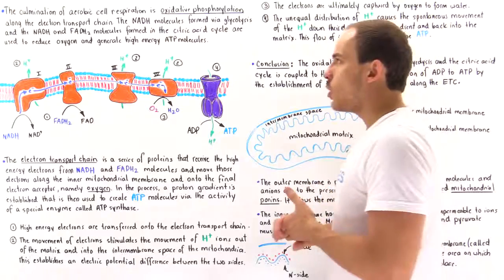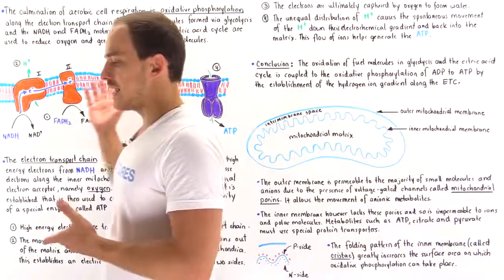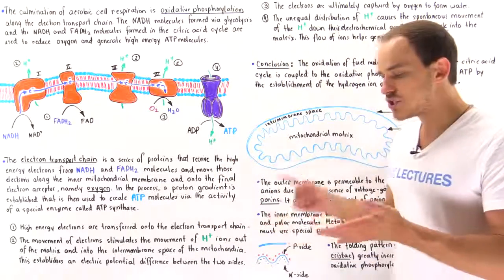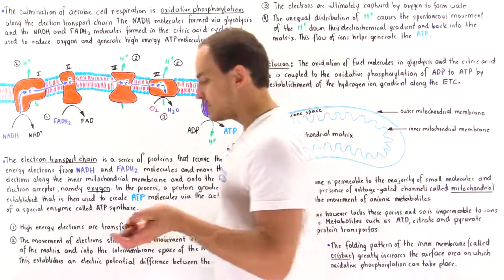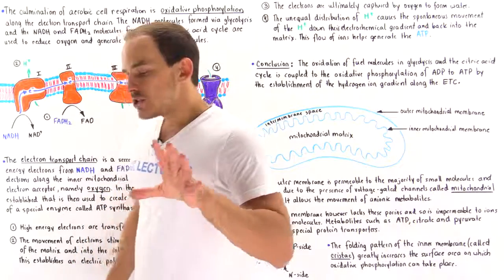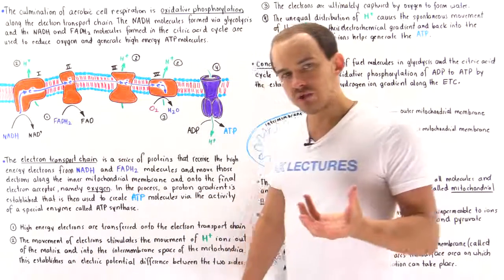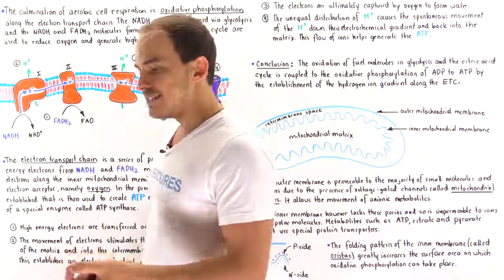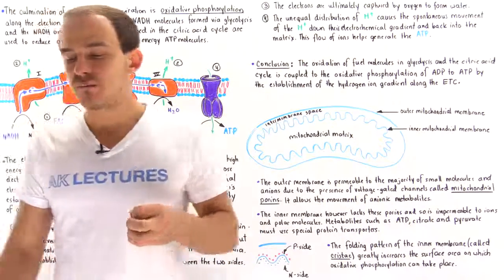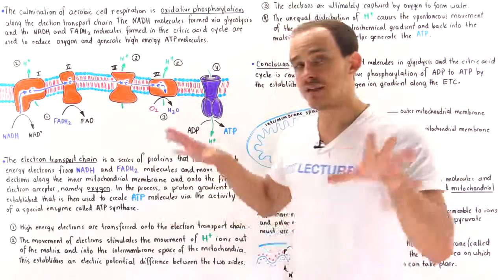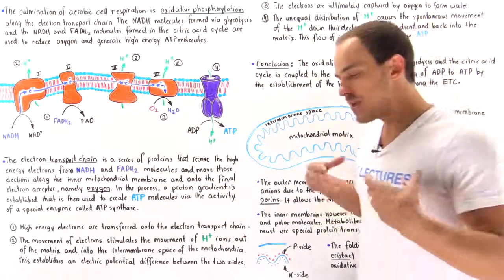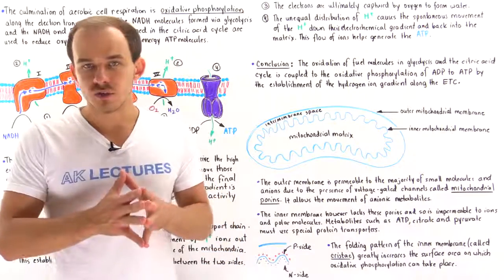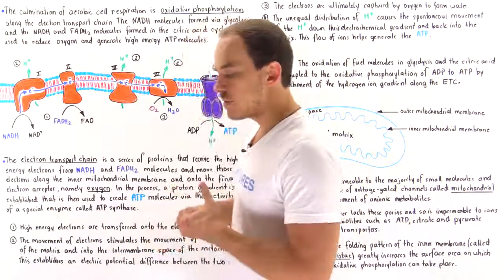But before we focus on the electron transport chain and oxidative phosphorylation, let's remember what happened in glycolysis, pyruvate decarboxylation, and the citric acid cycle. In glycolysis, we broke down glucose into pyruvate molecules, and we also formed NADH molecules and a few ATP molecules, and this took place in the cytoplasm of the cell. Now, in the presence of oxygen, the pyruvate molecules will be moved into the matrix of the mitochondria.